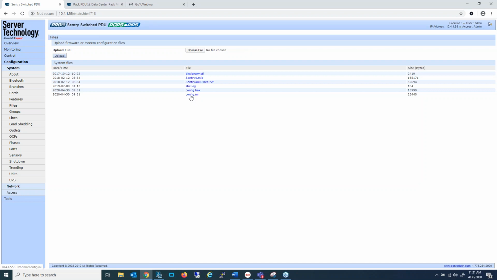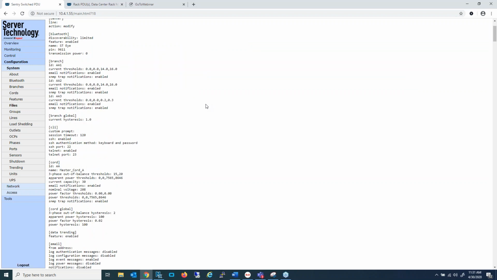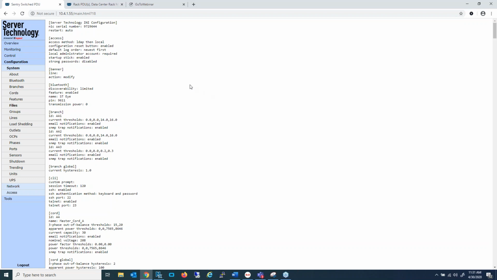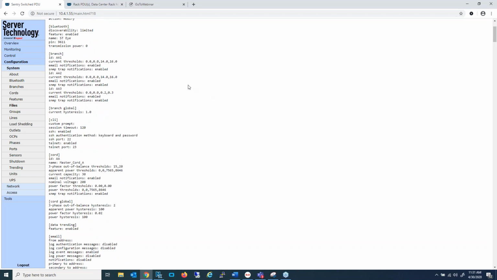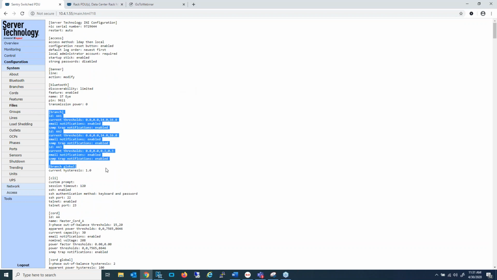That's short for Server Technology INI Configuration. So we do have a very powerful INI system built into the Pro 2 PDUs. So config.ini is what you would grab out of one PDU, and then you can push these values to other PDUs, not in entirety. You can simply cut out sections that you want, create a text file simply, for example, for thresholds, and then you could push that file to the other PDU.